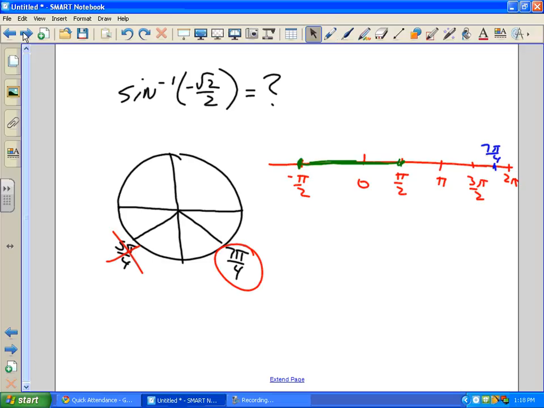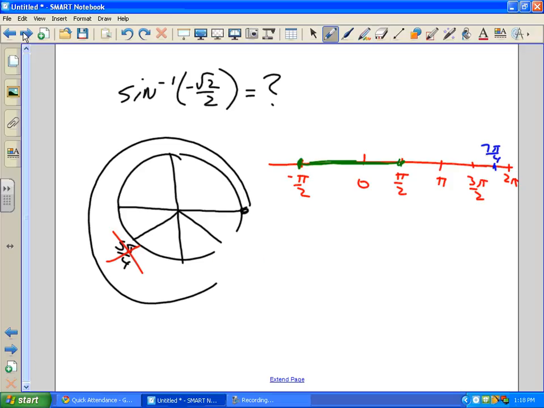I can call it negative. Instead of 7 pi over 4, which means that I started at 0 and I rotated all the way around in the counterclockwise direction. And that gives me 7 pi over 4.